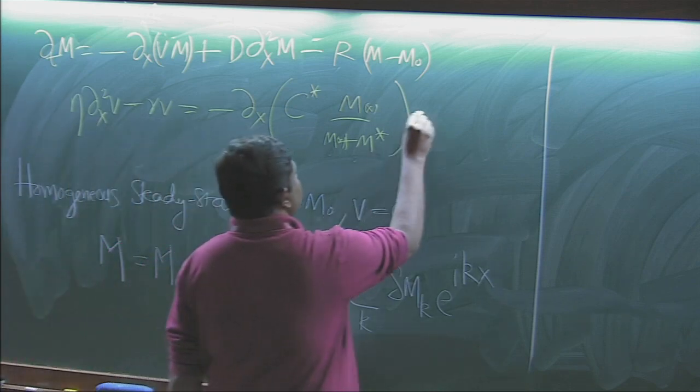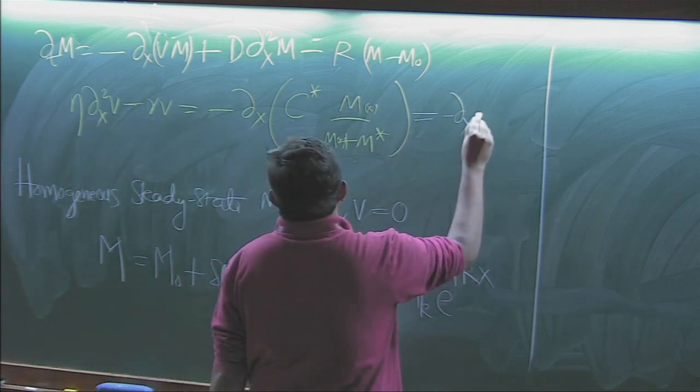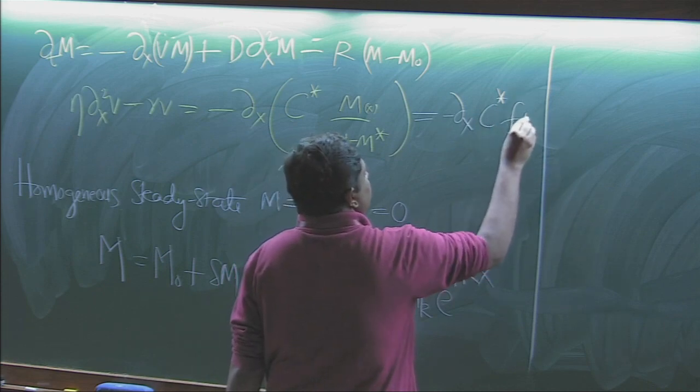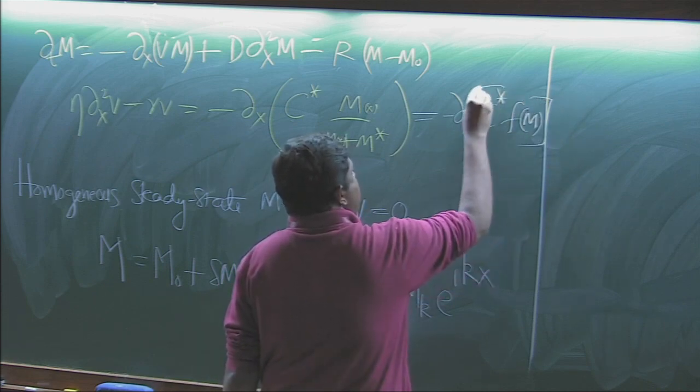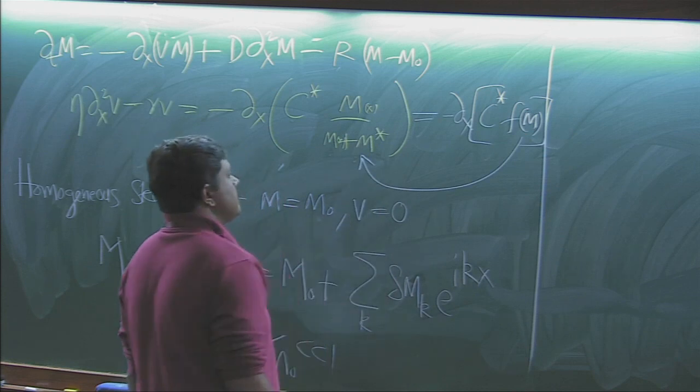Let me rewrite this in the following way: C star times some function of m.